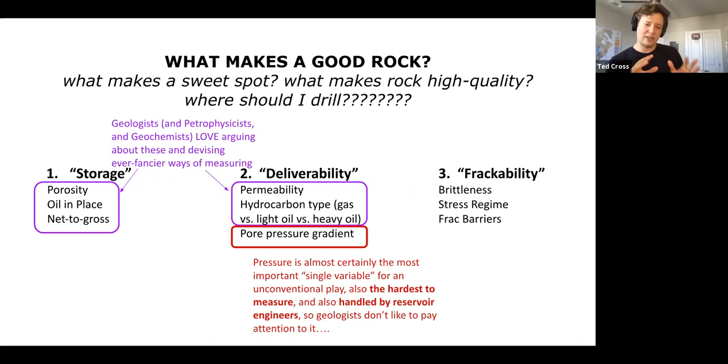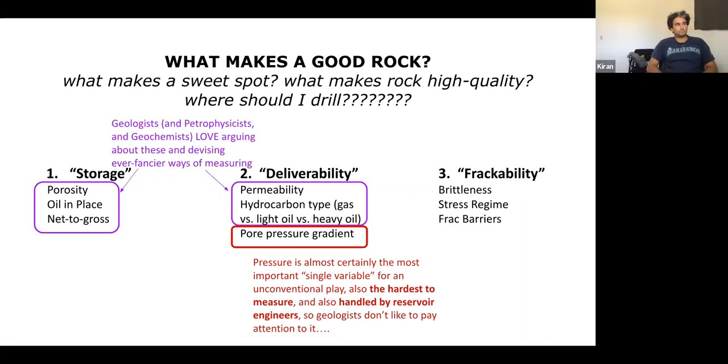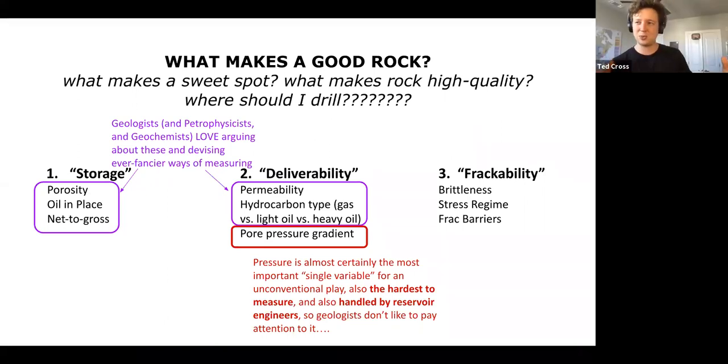I've annotated in red the pore pressure gradient. And I have to say, for anyone who objectively looks across this suite of parameters, either on a basin scale or across basins, the pressure is almost certainly the most important single variable.